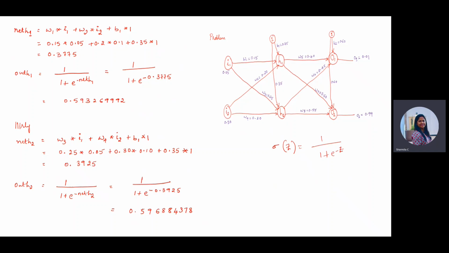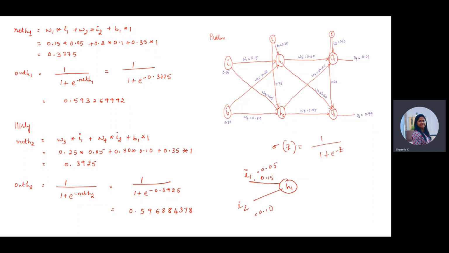So the output of this node, out H1, will be 1 divided by 1 plus e to the power of minus net H1, which, substituting the value, gives 0.59326992. Consider the node H1. This node H1 has been associated with the input I1 as well as the input I2. I1 value is 0.05, I2 value is 0.10. The weight for this input, W1, is 0.15.